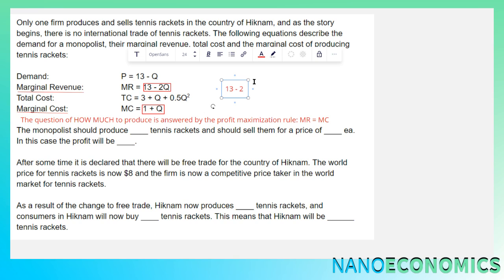So 13 minus 2Q, shift Q, not command Q, is equal to 1 plus Q. And then if we move the Q, so we're going to add 2Q to both sides, and we end up with 13 minus 1 equals 1 plus 3Q.